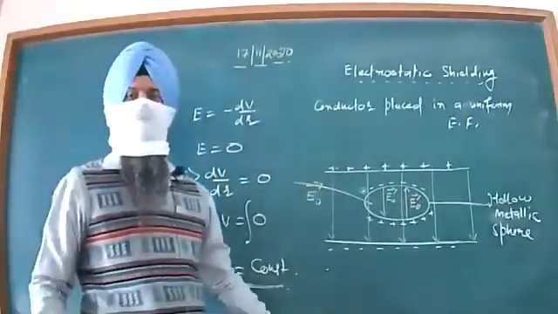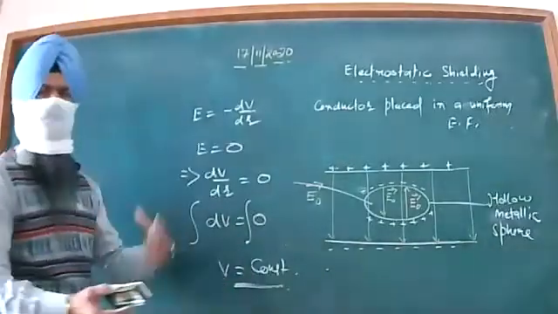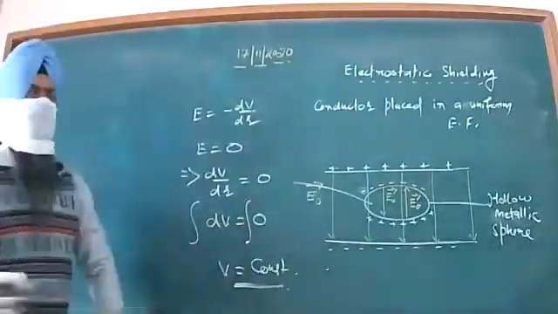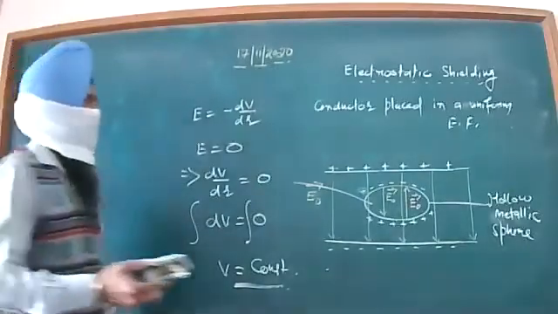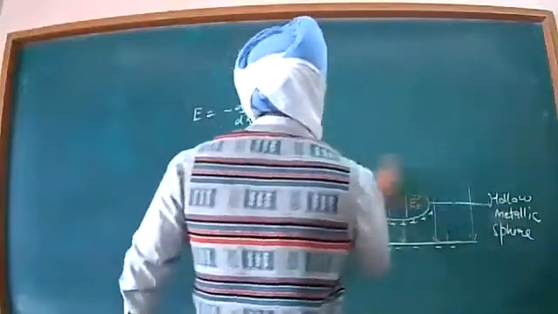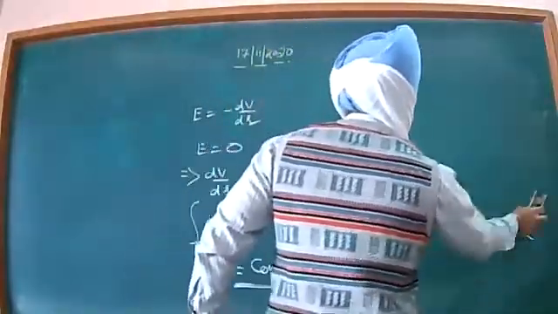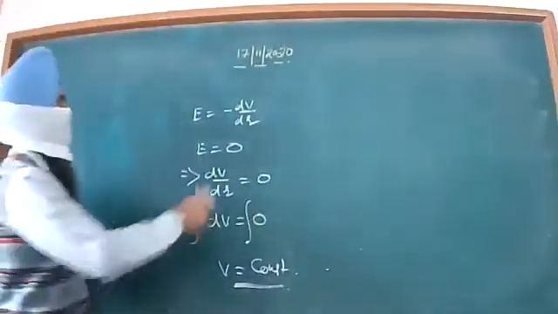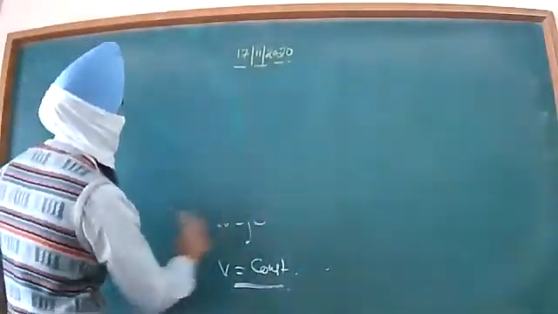In this manner we can relate the properties with one another using these small parameters. Now let us focus upon dielectrics: what are dielectrics and how are they helpful to us.